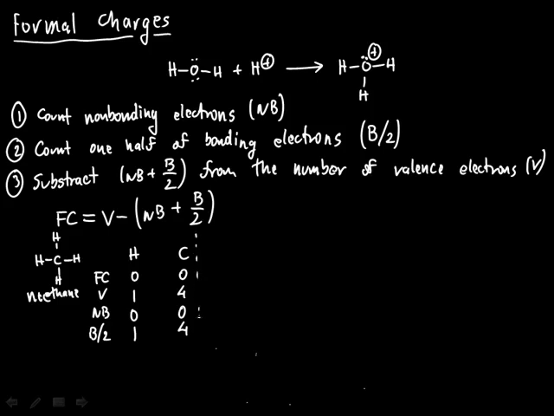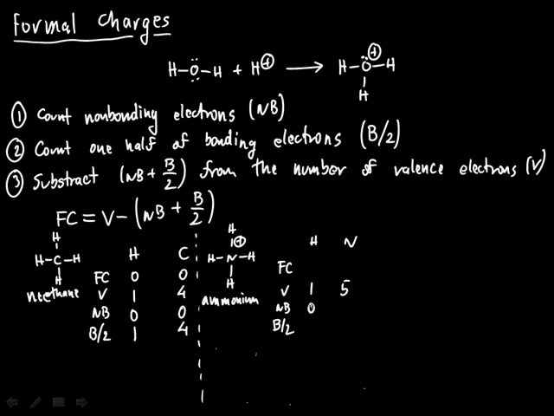Let's look at an example now which does have a formal charge, and that is related to a molecule in terms of molecular shape, which is basically ammonium ion. Now if you look at the same numbers, V, NB, B/2 for hydrogen and nitrogen, hydrogen is still in the first group, but nitrogen is the fifth group.